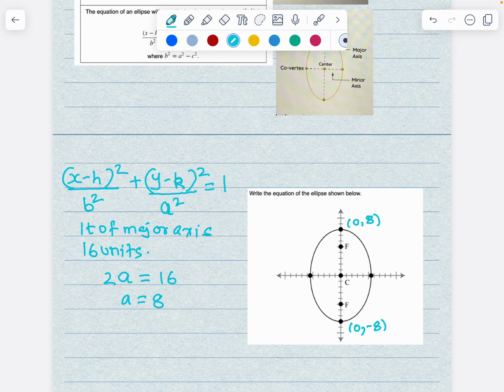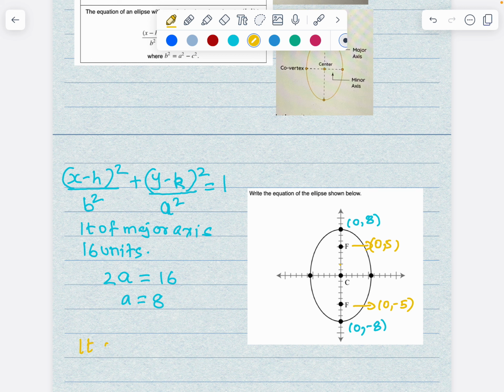Now, what's the next thing that's given to us? Let's look at the foci. You have the two points. What are the two points? 1, 2, 3, 4, 5. So (0, 5) and (0, minus 5).